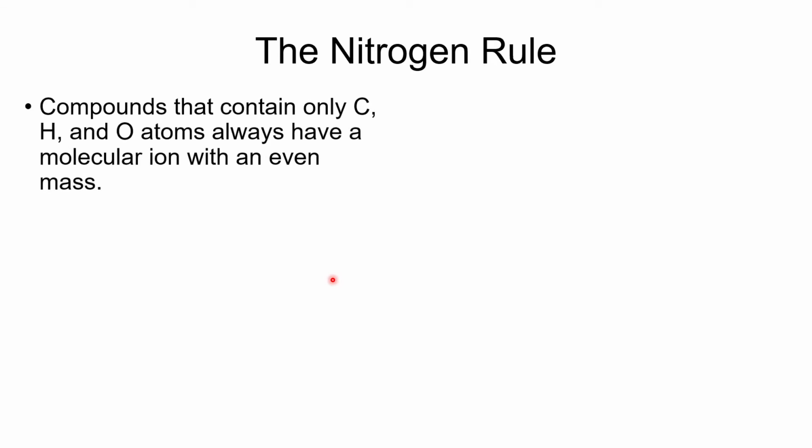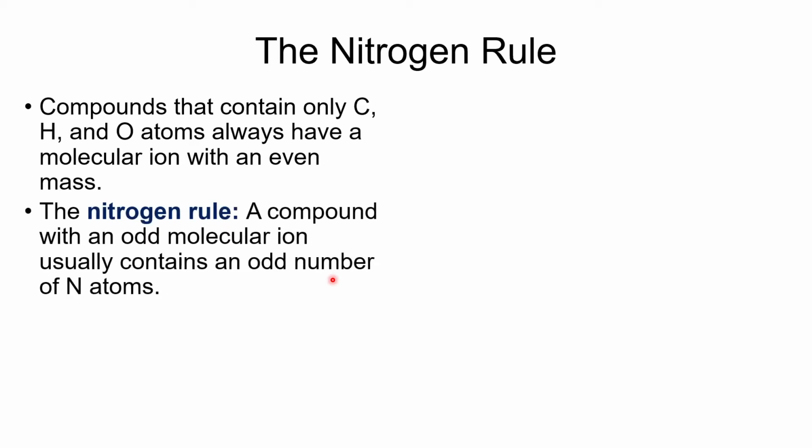So compounds that only have carbon, hydrogen, and oxygen are always going to have a molecular ion with an even mass. All right. We have what's called the nitrogen rule.